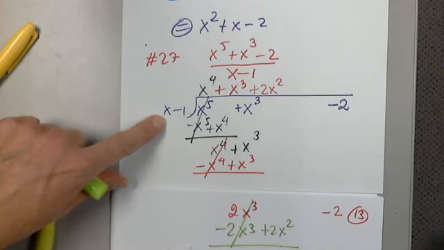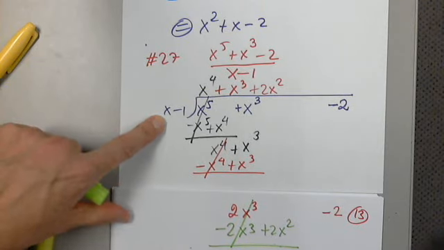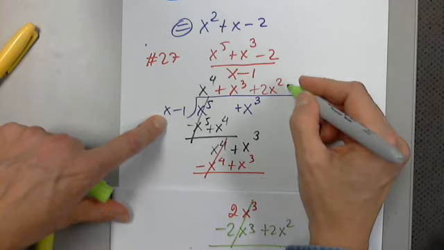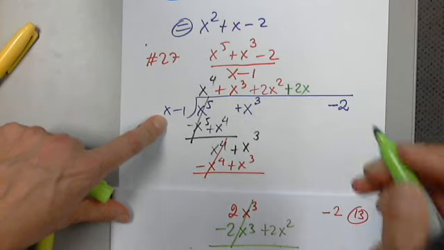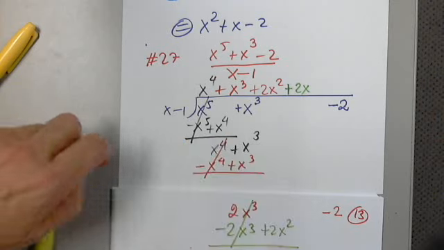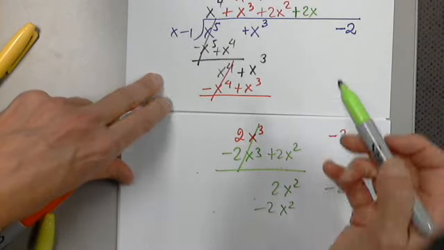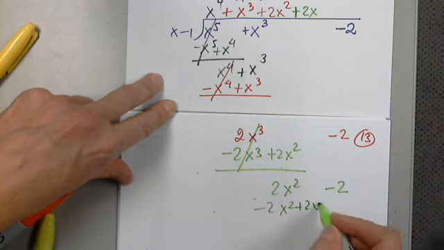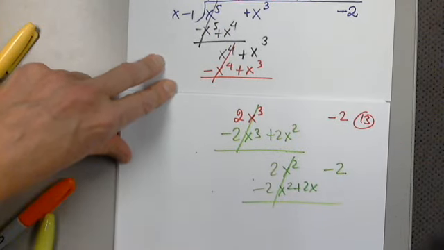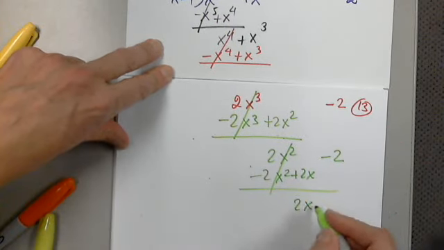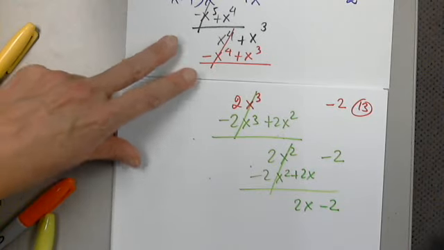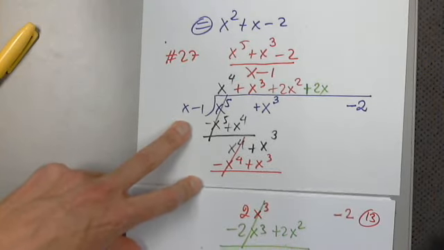Next question. X times what is 2x squared? Good. 2x times x. So I have to subtract. Very good. Plus 2x. So then 2x minus 2. Finally, x times what is 2x?